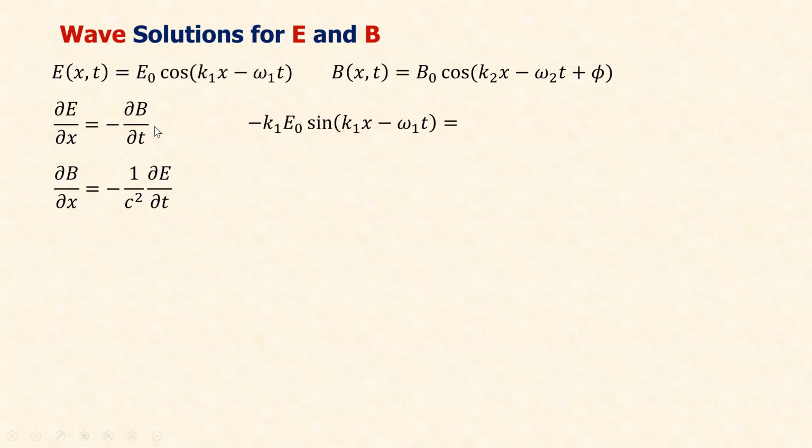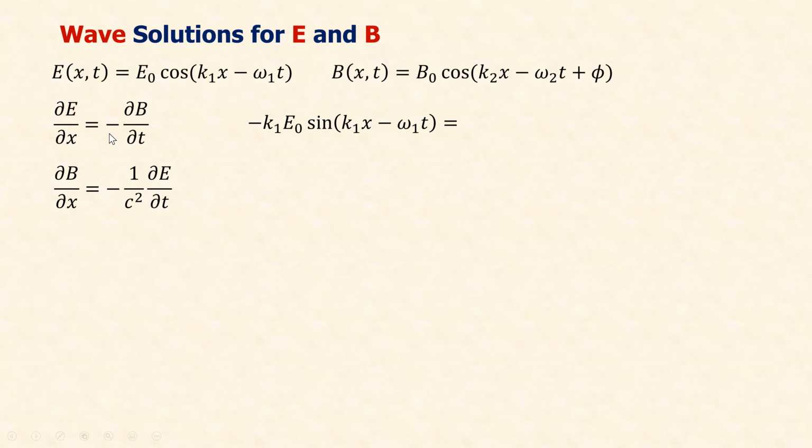If I apply this formula, it says that the rate of change of E with respect to X, the partial with respect to X of E. So this is E, take the partial derivative with respect to X, it gives you a K and a negative sign, right? Negative K1 E naught sine of (K1X minus omega 1T).